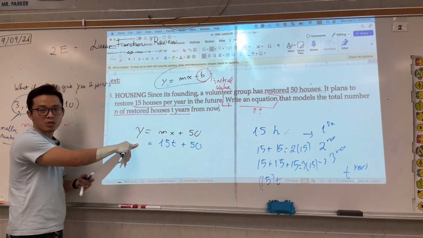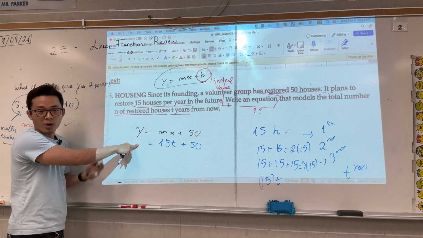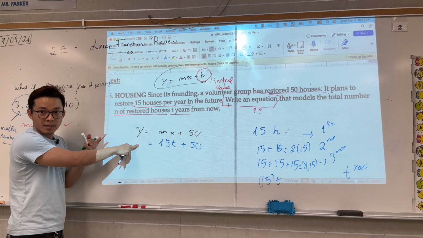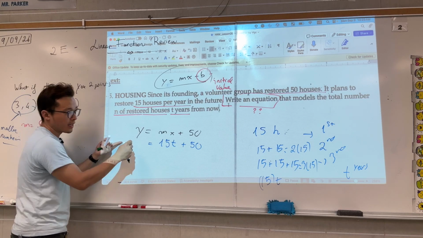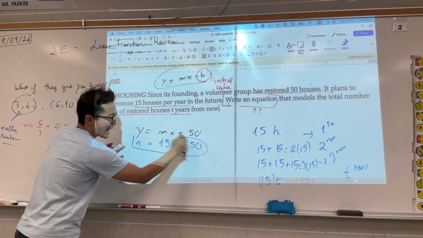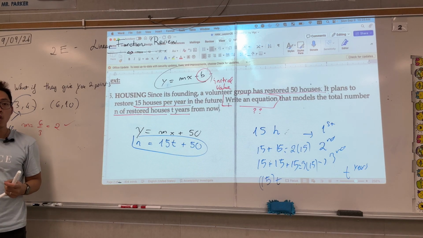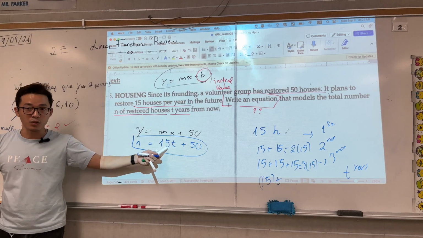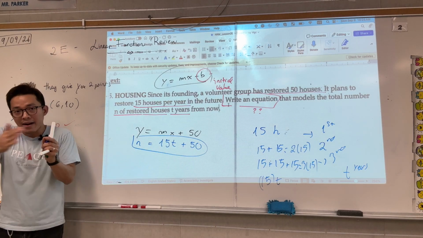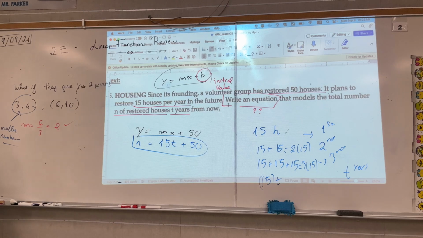This is the total number of restored houses. What is the letter they wanted? So it's not y anymore, okay? It's going to be N. That's your answer. Easy? So just use the information, find the initial value and the slope. The slope actually is the 15, right? Because every year they're going to increase by 15.